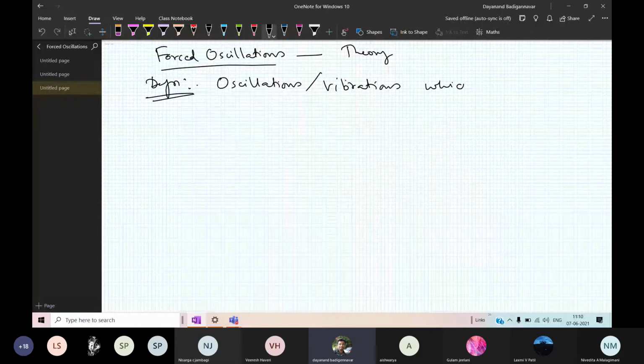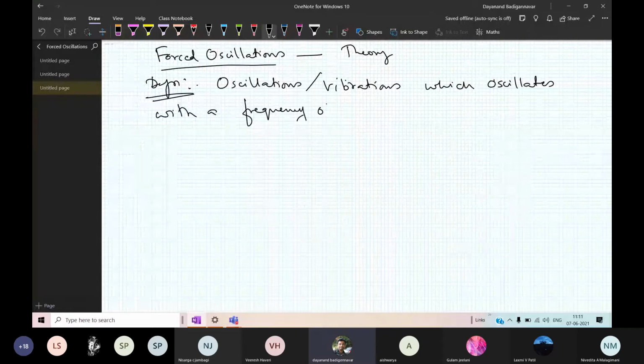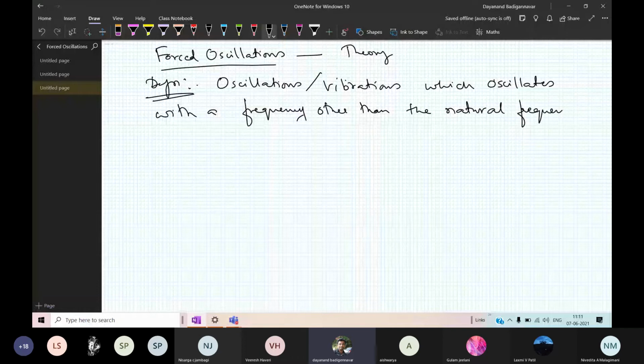They vibrate or oscillate with a frequency, very important, other than the natural frequency, under the influence of an applied force.